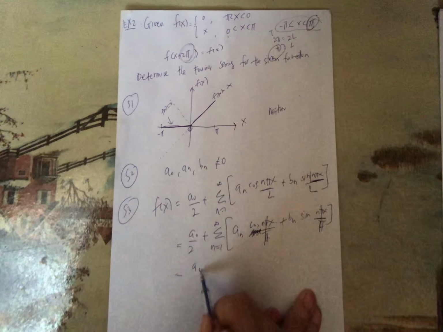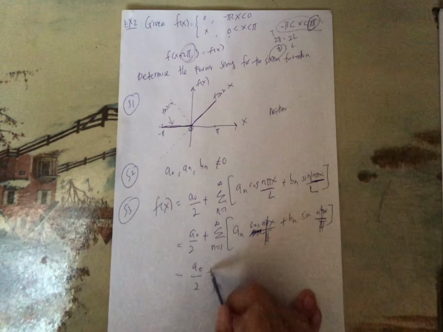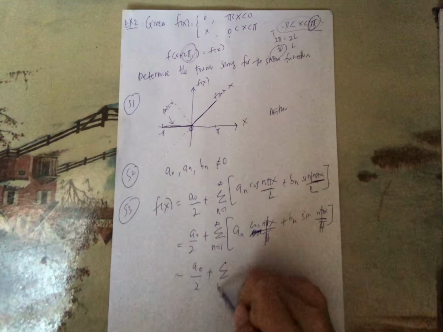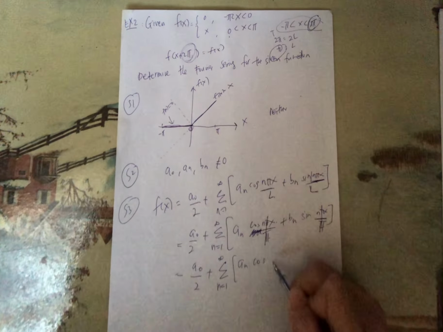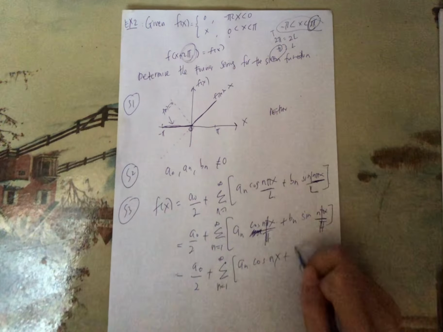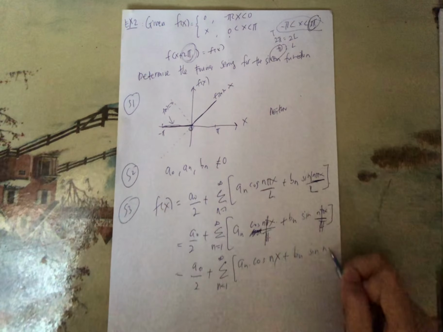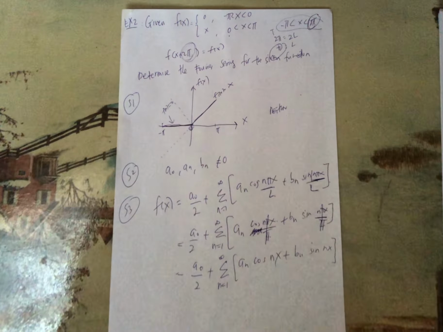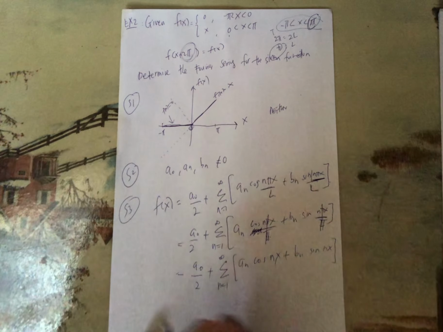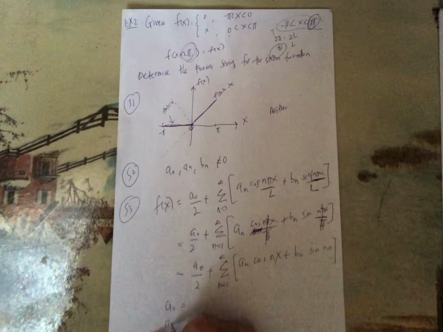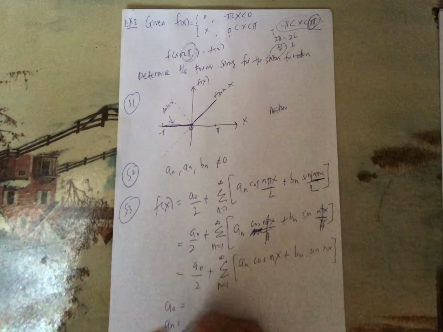So what we get now is a naught over 2 plus the summation from n equals 1 to infinity of an cos nx plus bn sin nx. Suppose you should get this. What we do next is calculate a naught, an, and also bn.